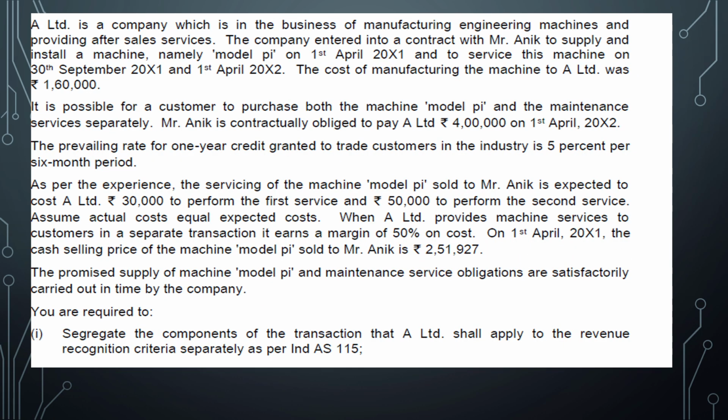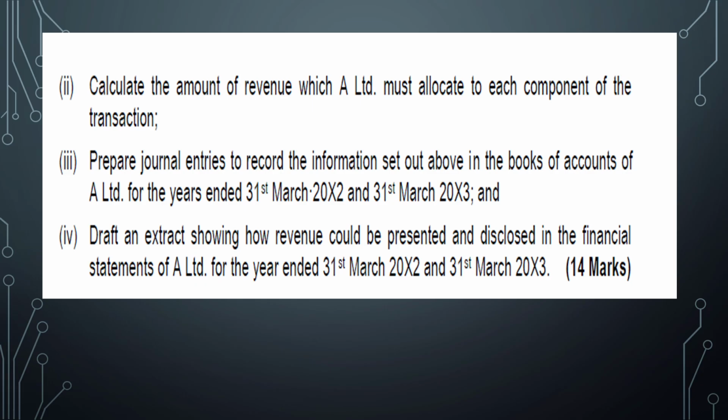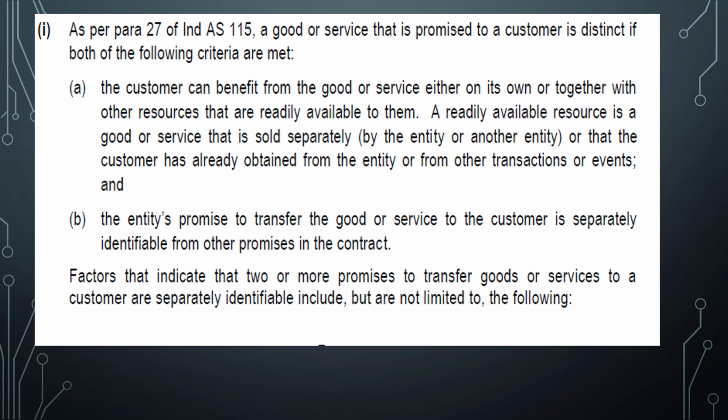So this is the question, a nice question. Let's see how we go about it. First, you should compulsorily mention the theory if it's a question. A good or service promised to a customer is distinct if the following criteria are met.